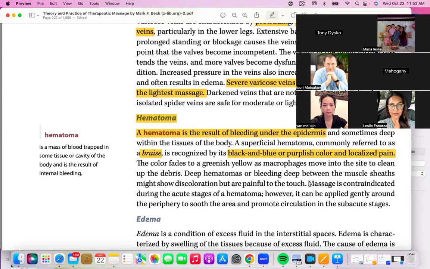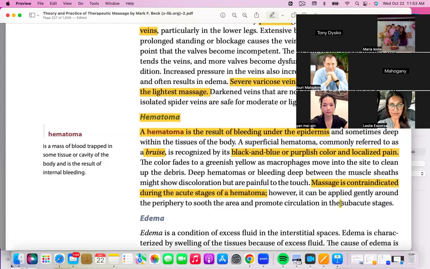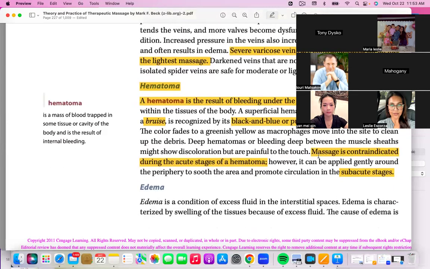Massage is contraindicated during the acute stage because it's still inflamed. You have to wait until the subacute stage, when the inflammation is done, to apply gentle, soothing massage. Ice is amazing, and all that stuff.